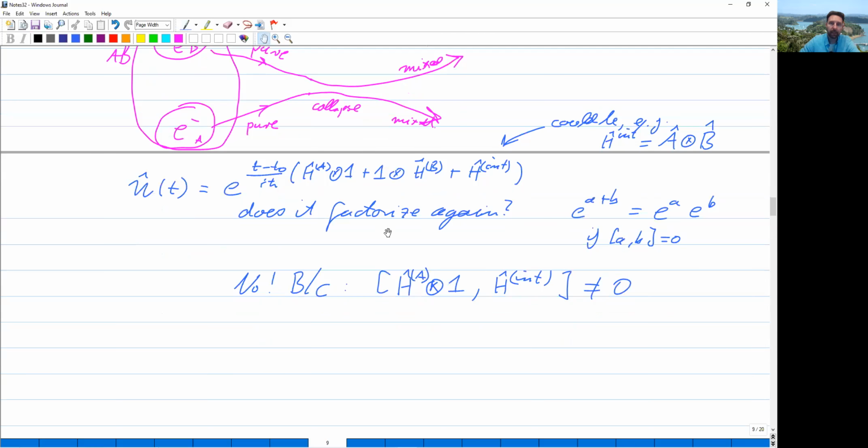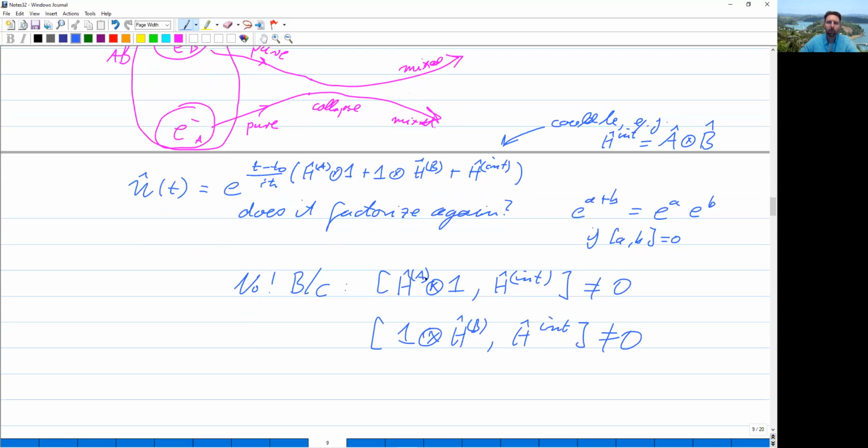And similarly, the identity tensor h hat B with the interaction Hamiltonian also generally doesn't commute.